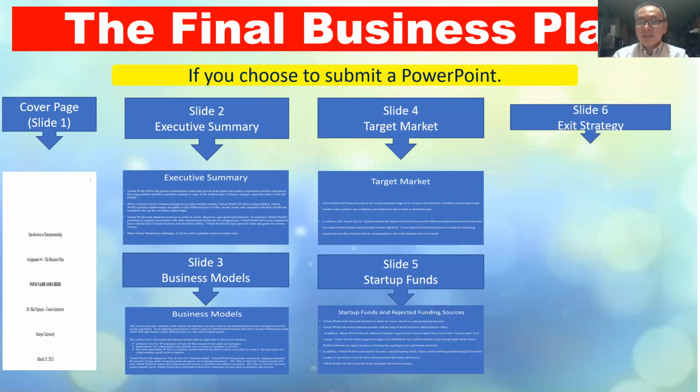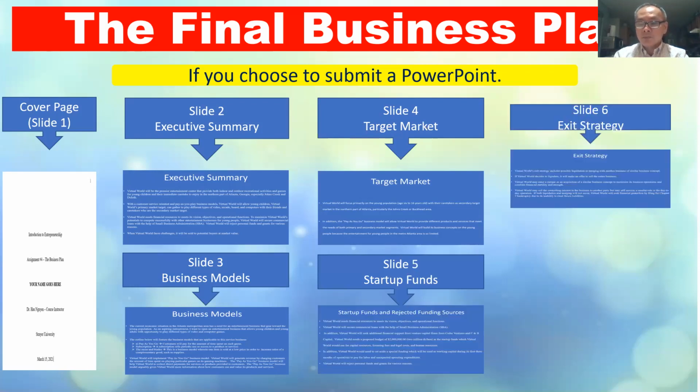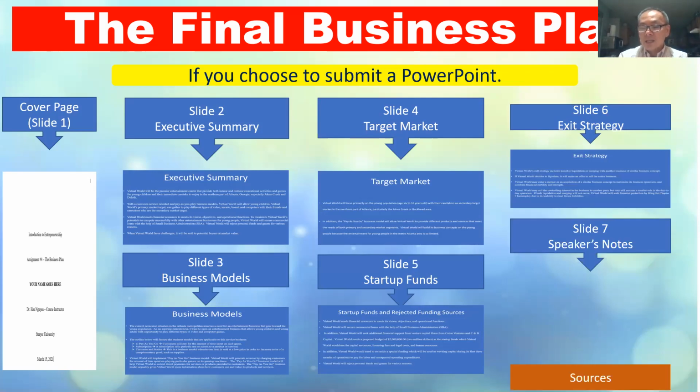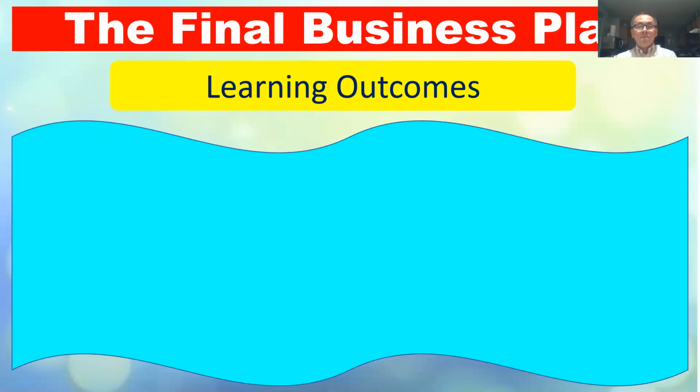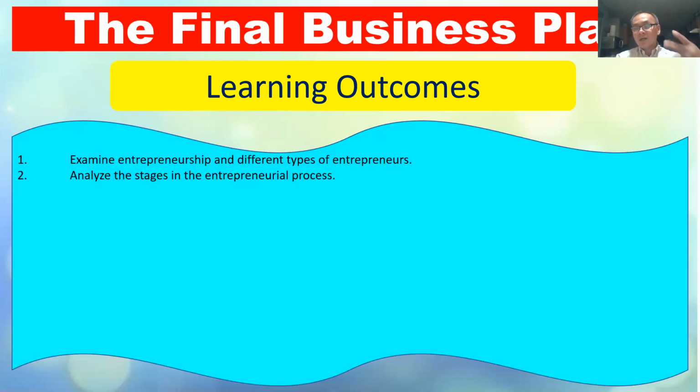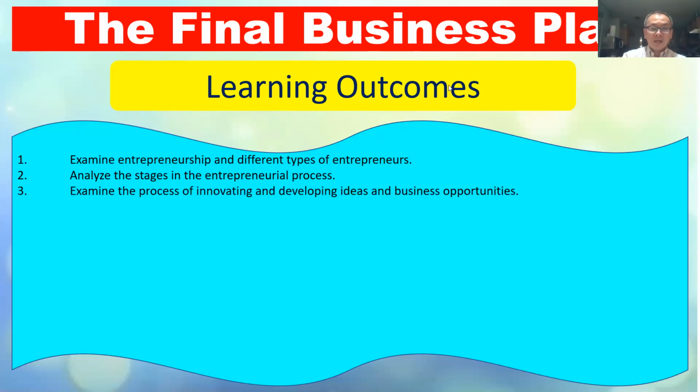Slide number 6, exit strategy. Slide number 7, speaker's notes. And slide number 8, of course, the source. Now, these are the learning outcomes that are associated with this project.